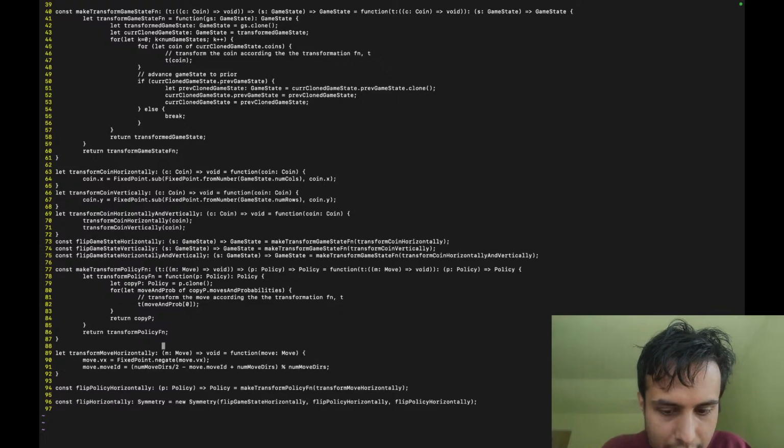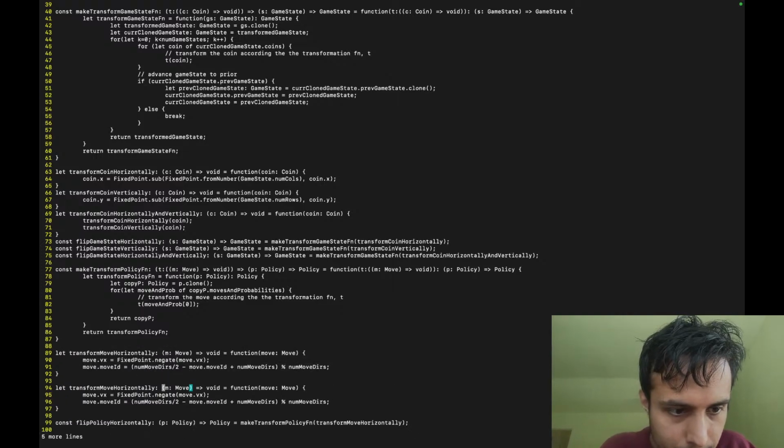So then what do we need now? Now we need something similar to this, but transform moves vertically, right? How do you spell vertically? Let me just copy it from here.